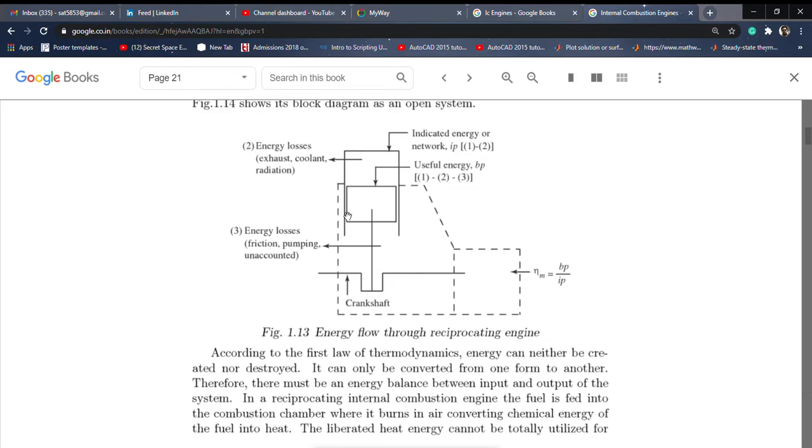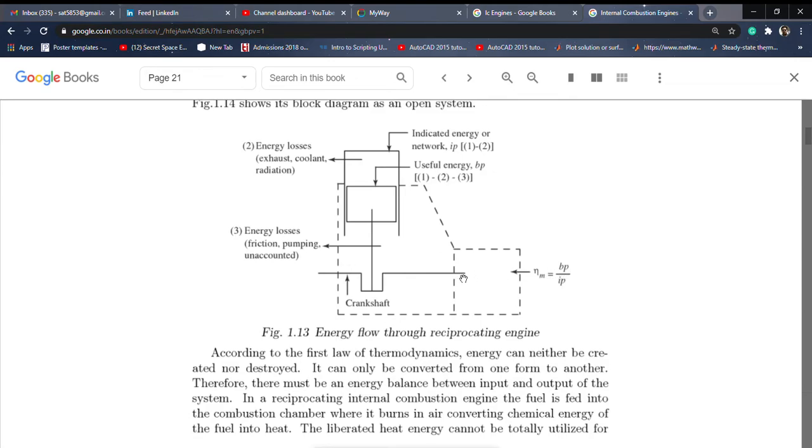There are some friction losses between the piston and the cylinder wall. This is your cylinder wall, this is your piston. So after losses, whatever power is available at this portion, the crankshaft output, is called brake power.